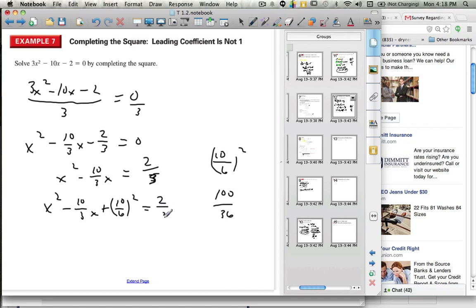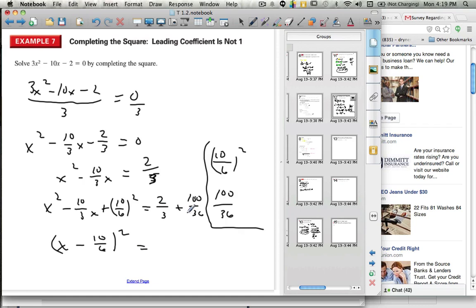And on the other side, I have 2 thirds plus 1/36ths. Okay, and I did this because this is x minus 10 sixths squared.